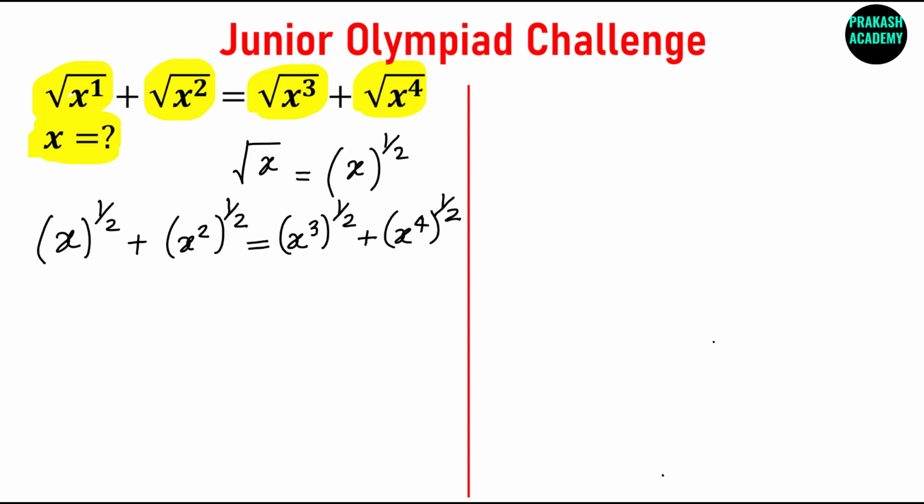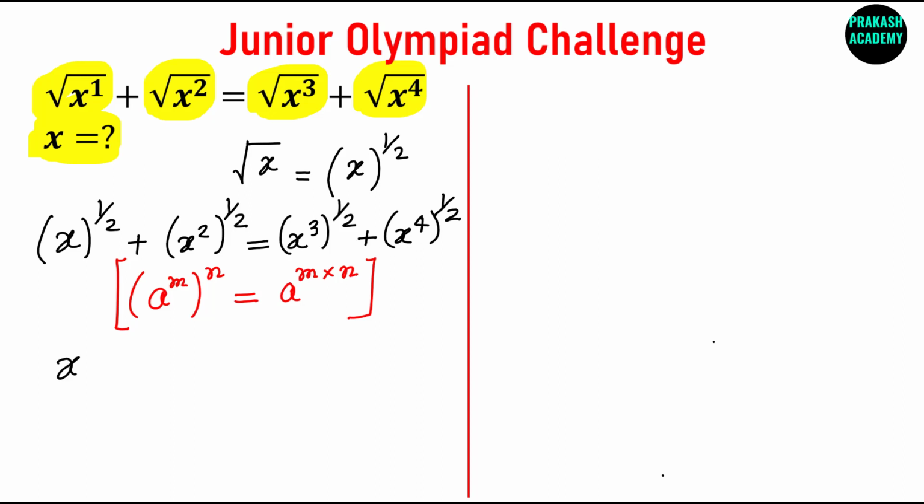Now you remember the rule of exponent, that is if you have a raised to the power m and then whole power n, then this can be written as a raised to the power m times n. Now let us use this rule. We will simply multiply the powers.